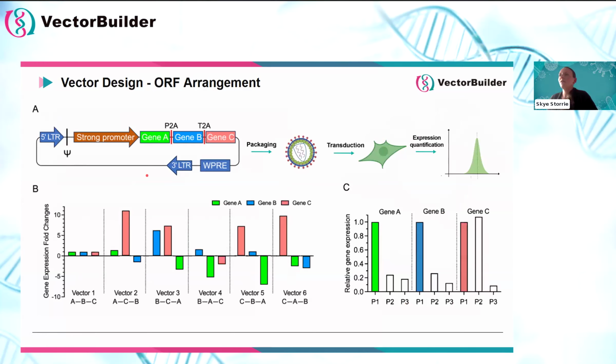If we look at this a bit further, if you want to express multiple different ORFs using this method, it's really important to consider the order of the different ORFs. The general rule of thumb is that the ORF closest to the promoter will be expressed at the highest levels, although this is not always the case. In this case, gene C is generally expressed at higher levels at position 2, which leaves position 1 open to A or B. And B is expressed much better in position 1.